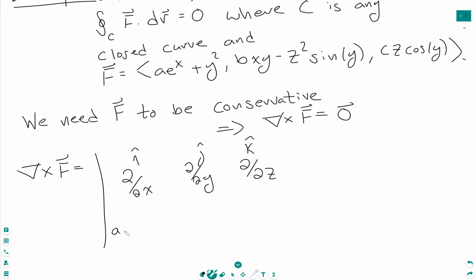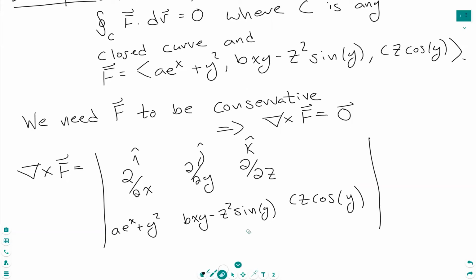Then we have a e to the x plus y squared, b x times y minus z squared sine y, and c z cosine y. Why don't we move this column over a little bit? Like that. There we go.